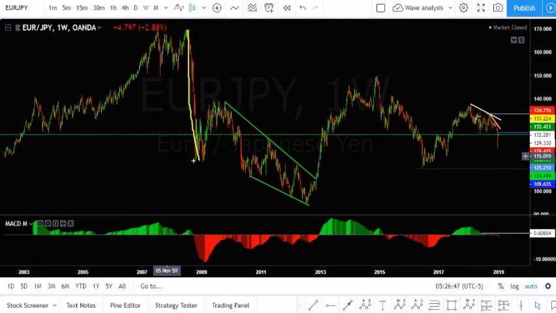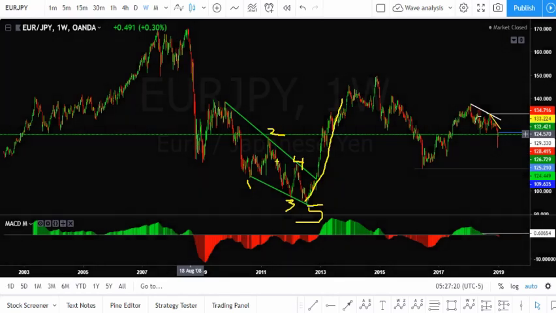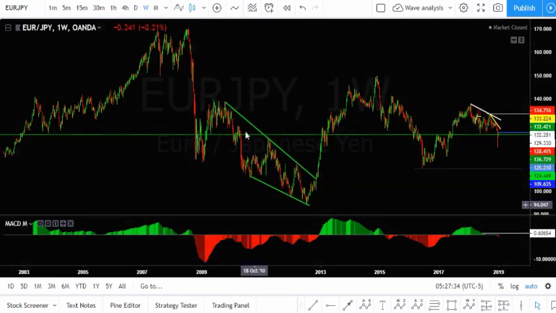So here we had this move down, and then we had this continuous divergence. So if we go into, let's try and go into a daily, you will see that this was actually an ending diagonal. So one thing I want to also stress to you, the way we will label ending diagonals is like this. An ending diagonal, you will always label 1, 2, 3, 4, 5, and then it will end and reverse to the top side.